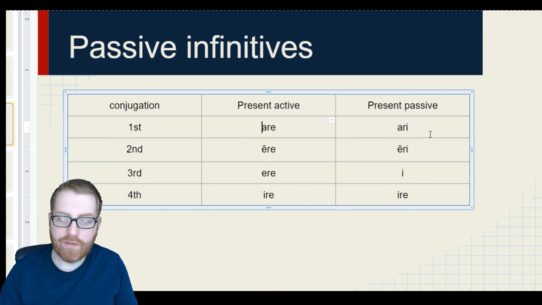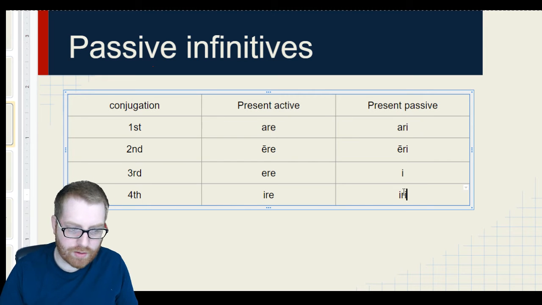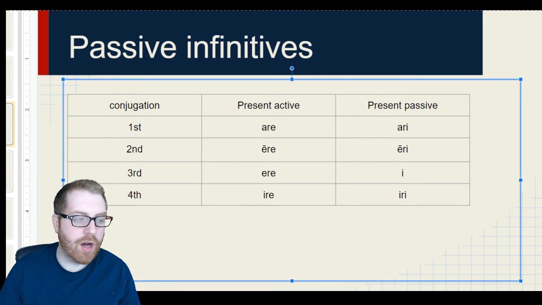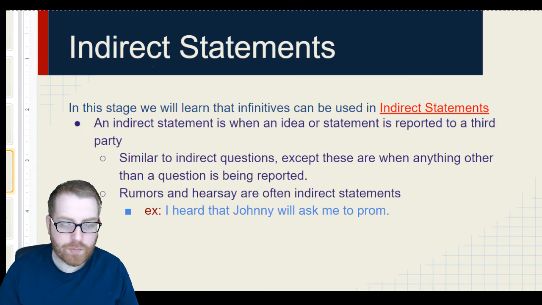I guess they didn't want you to confuse second and third conjugation. I don't know. And then fourth, IRE goes to IRI. Okay, so those are the charts you'll need to know as far as our verbs are concerned.